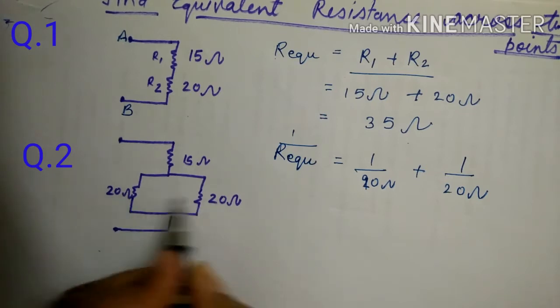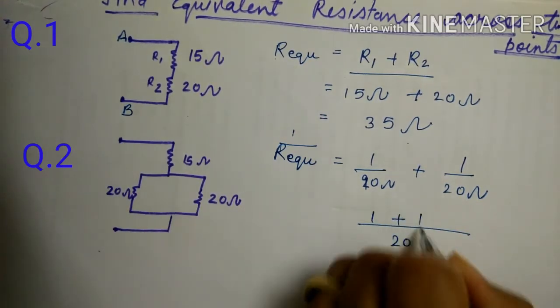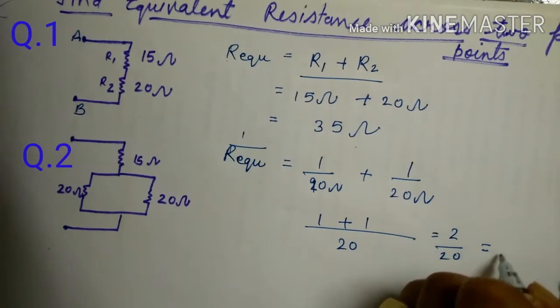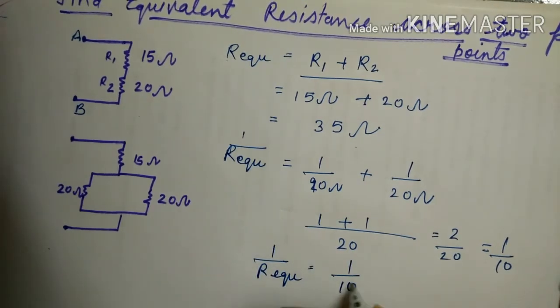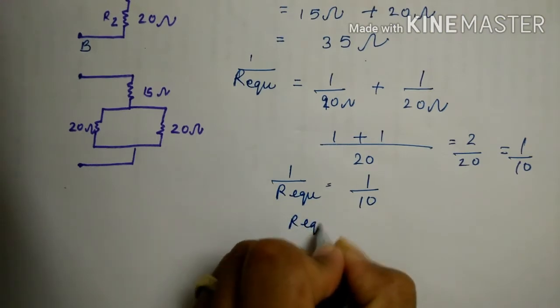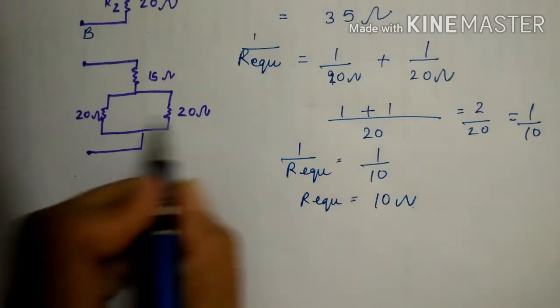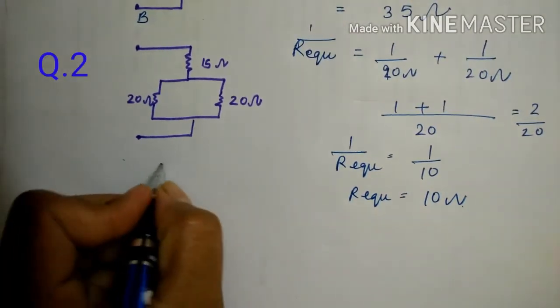These two are in parallel. Take the LCM. So we get equivalent resistance 10 ohm. Keep this value here and simplify, so we can draw it in this way also.